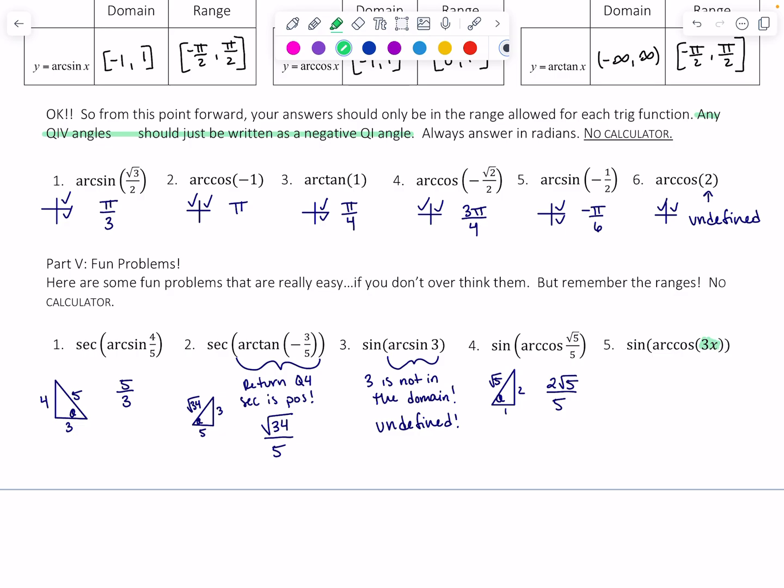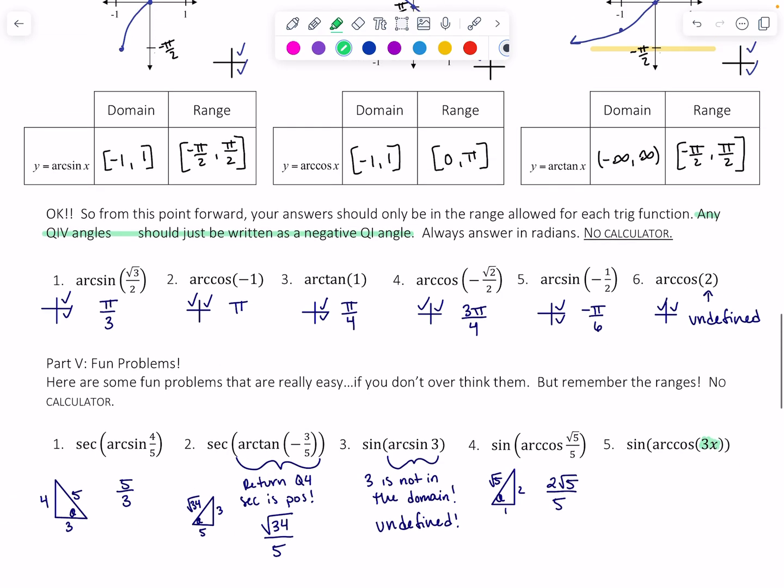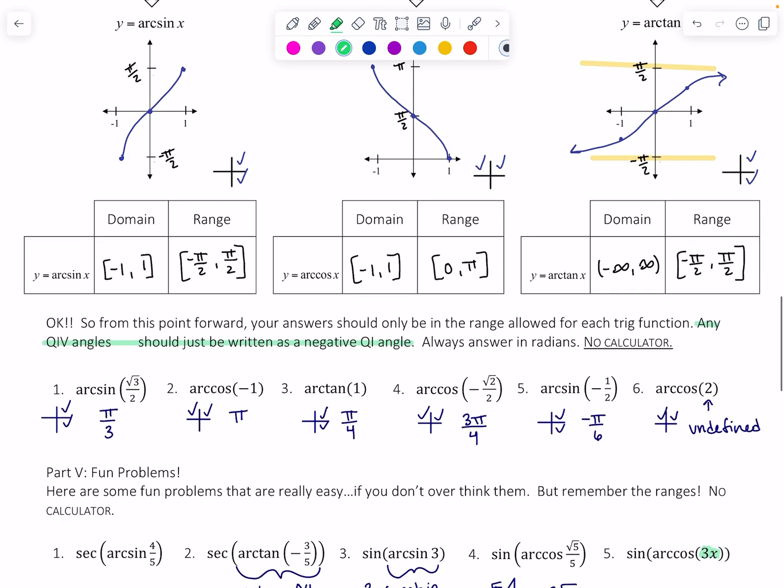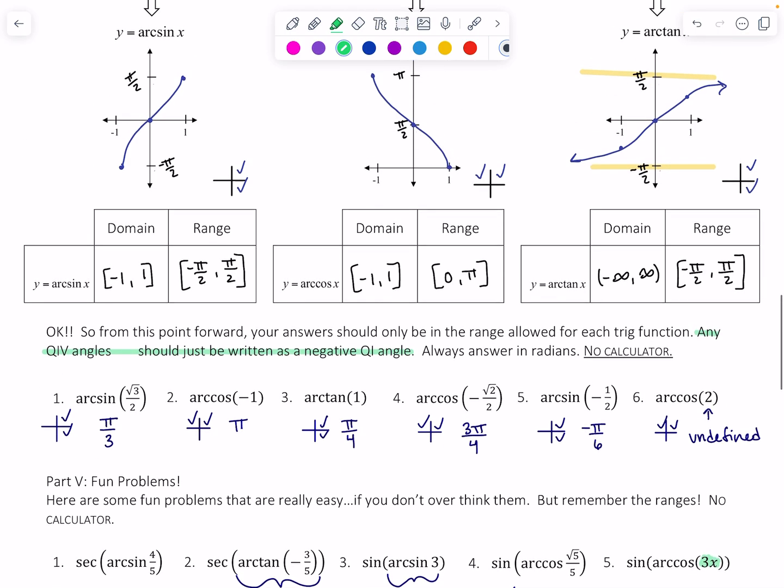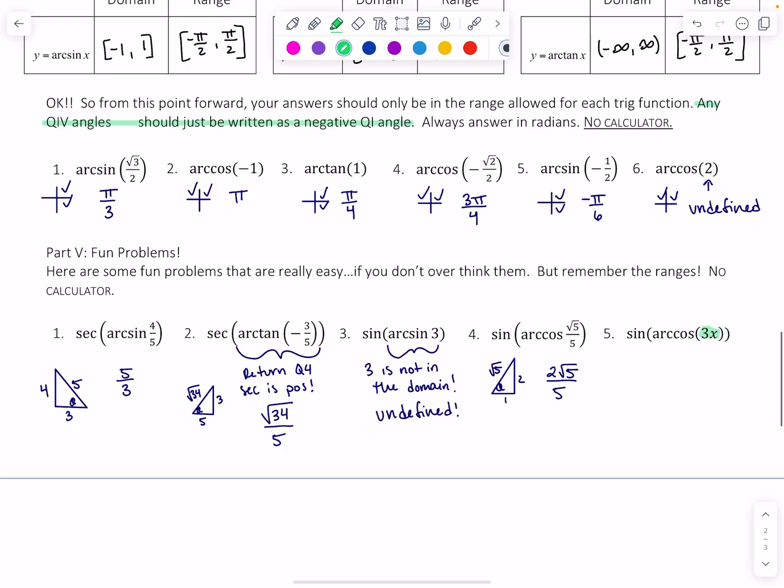All right, thinking about this one, we have the sine of arc cosine of 3x. Let's start with this 3x. If we're thinking about arc cosine, our domain is going to be from -1 to 1. So we know that 3x is between -1 and 1.